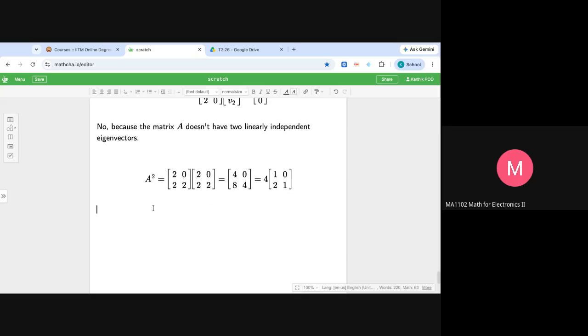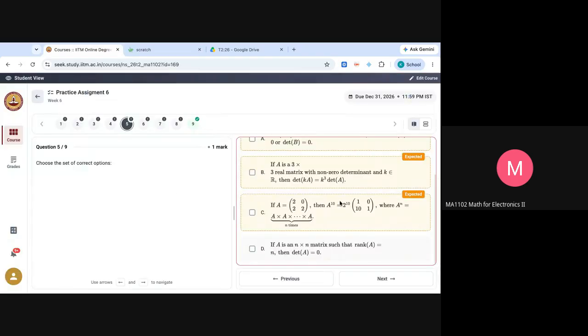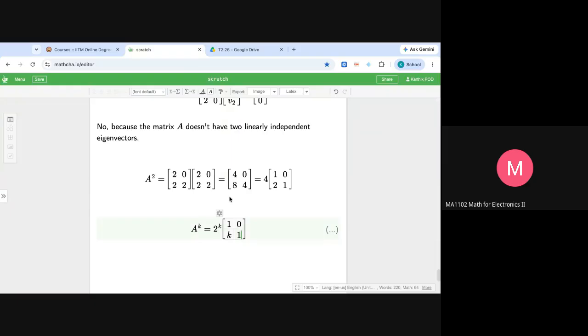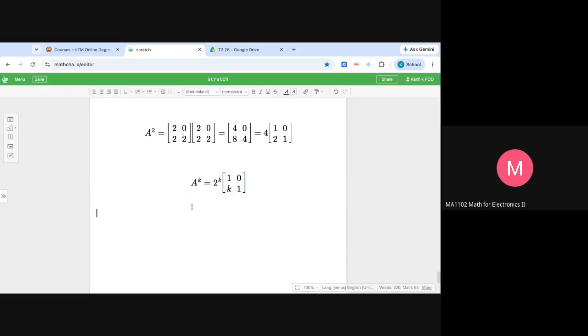Old method. So I think we can use that same induction. A power k is, I believe, 2 power k into 10 k1, and then we try to establish whether this is true.